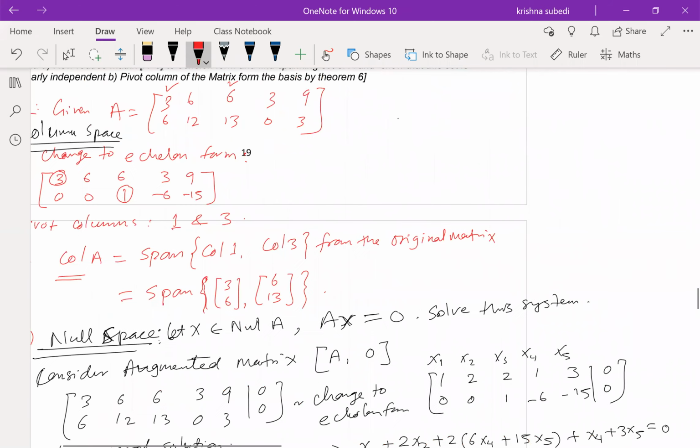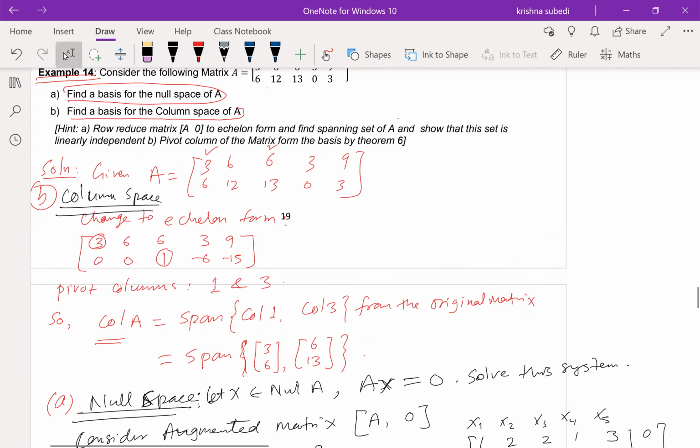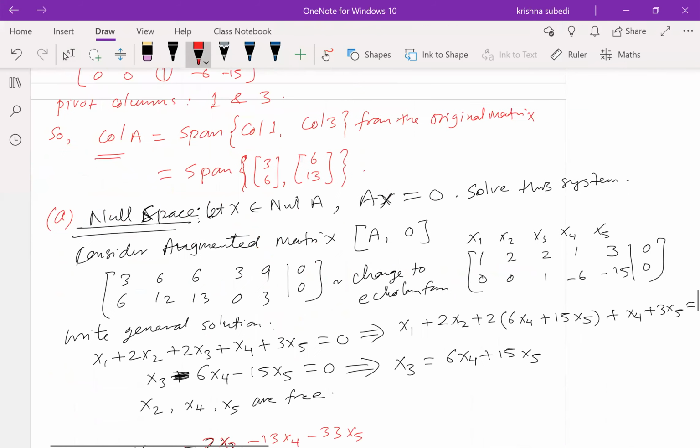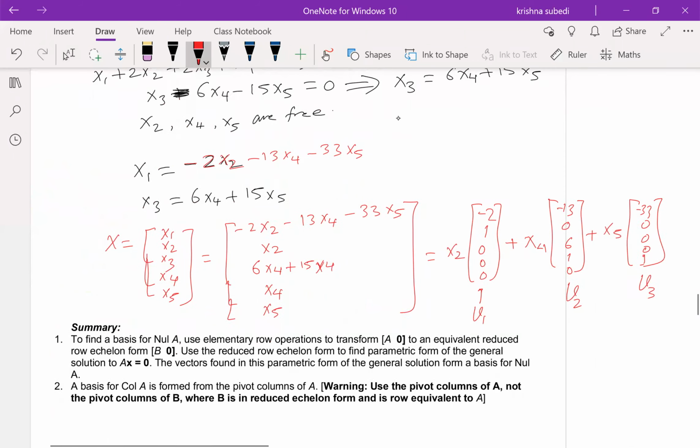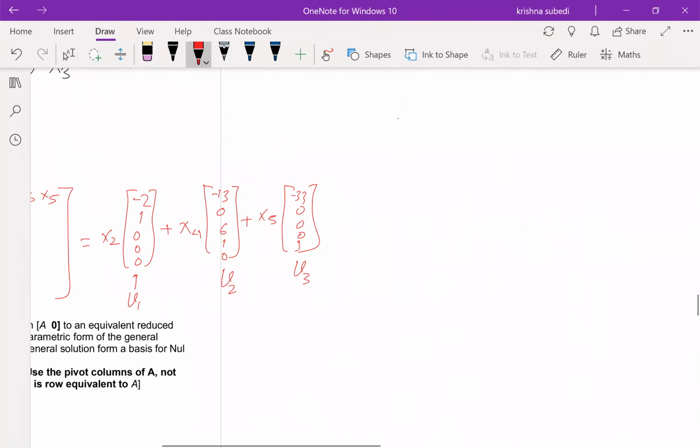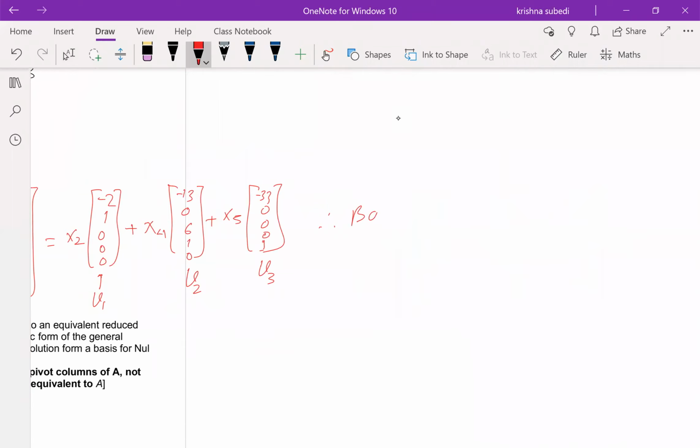Part A, find the basis for the null space of A. So the basis for the null space of A is actually these vectors, the set v1, v2, v3. That's how we calculate the basis for the null space.